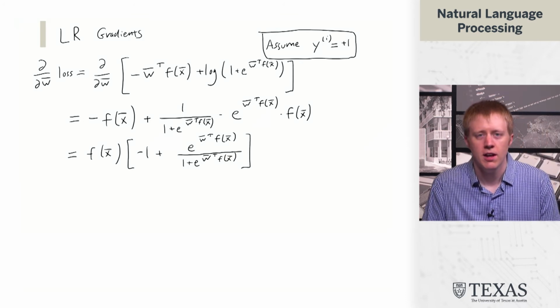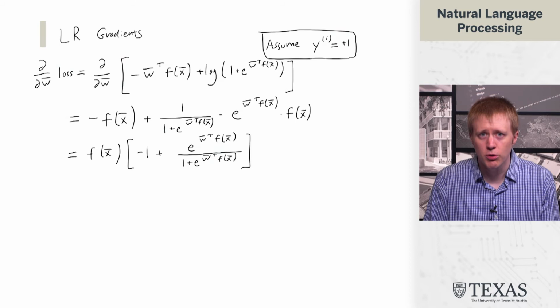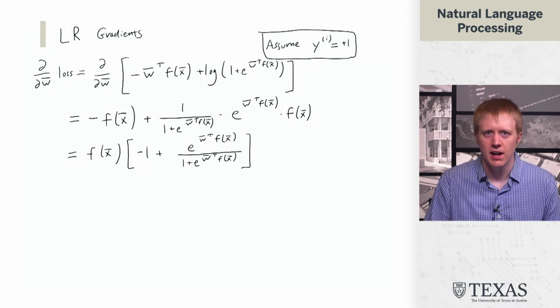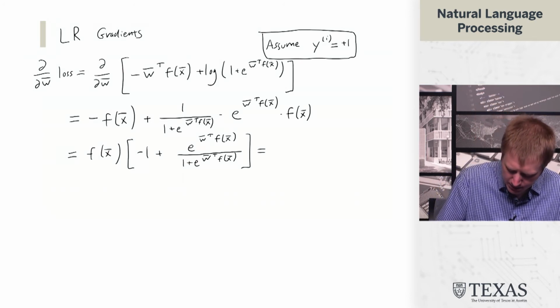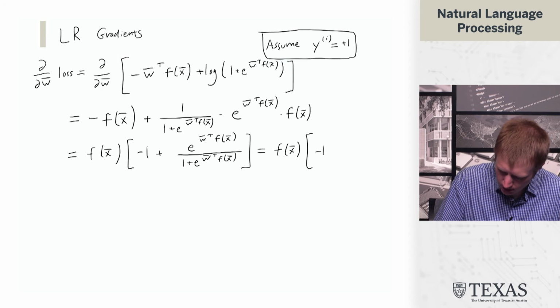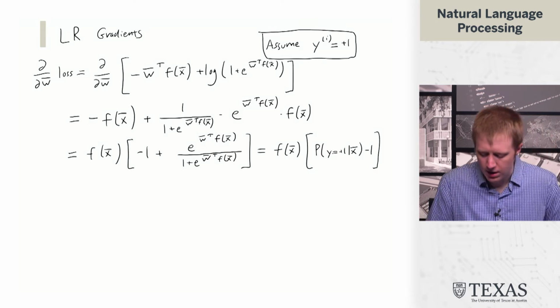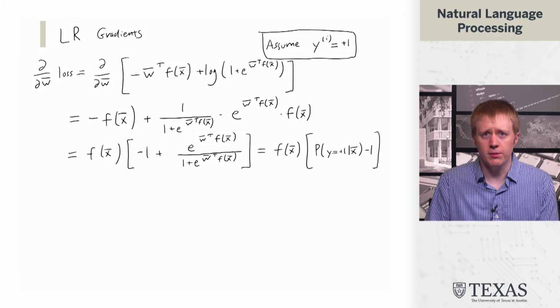All right, and so the second term is kind of cool now because we had this big mess of exponentials and 1 over 1 plus e to the whatever, and it turns out that we can simplify this in the following way. Actually, I'll write it in this order. So this second term ends up just being the logistic function again.